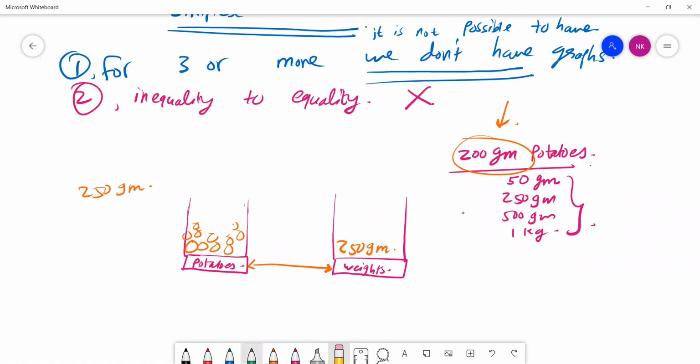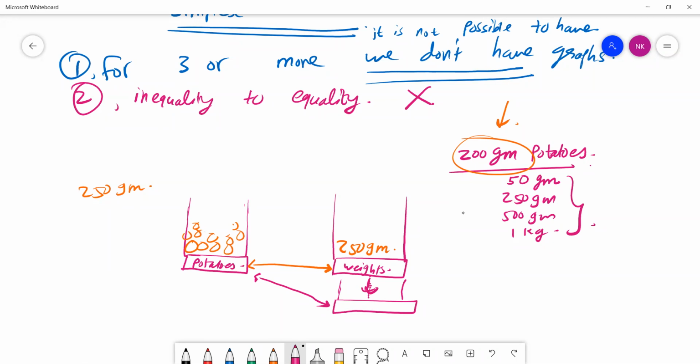So what happens? This particular pan on the right side moves down over here. That means it's imbalanced. Now the shopkeeper says, you can see that my right side is lower down and my left side is upper.